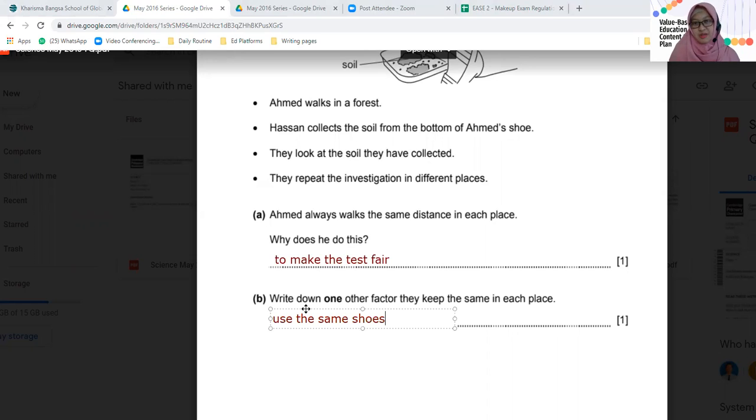The same day, maybe, because if they took the samples on different days and the weather on those days is different, it can influence the result. Some soil can be very wet and muddy when it's raining a lot, for example.